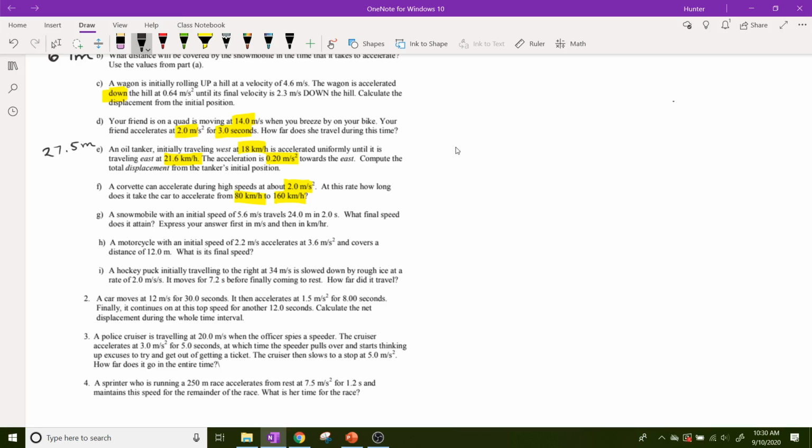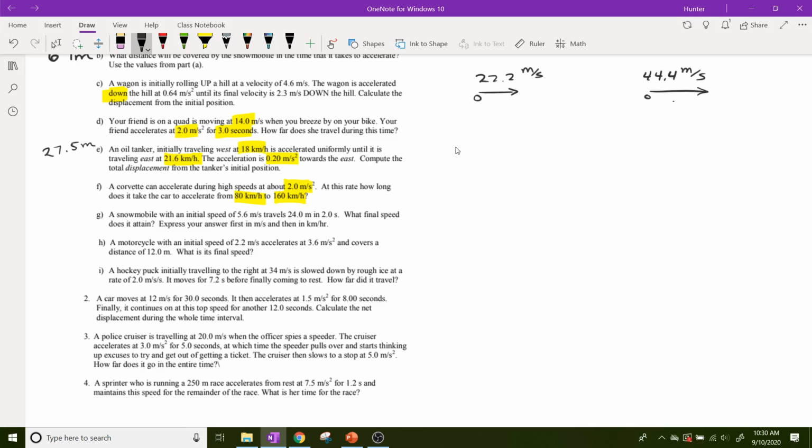So that's 22.2 meters per second initially, and then we're going double. So 44.4 meters per second. That's our Corvette.